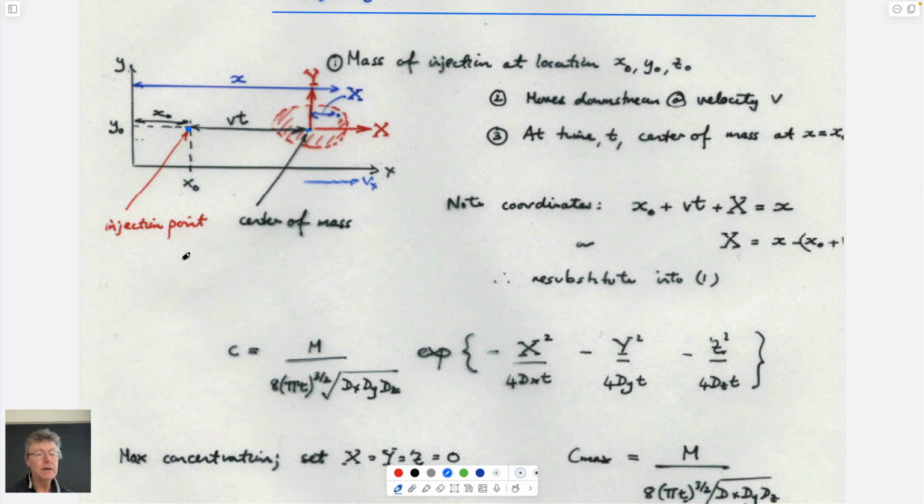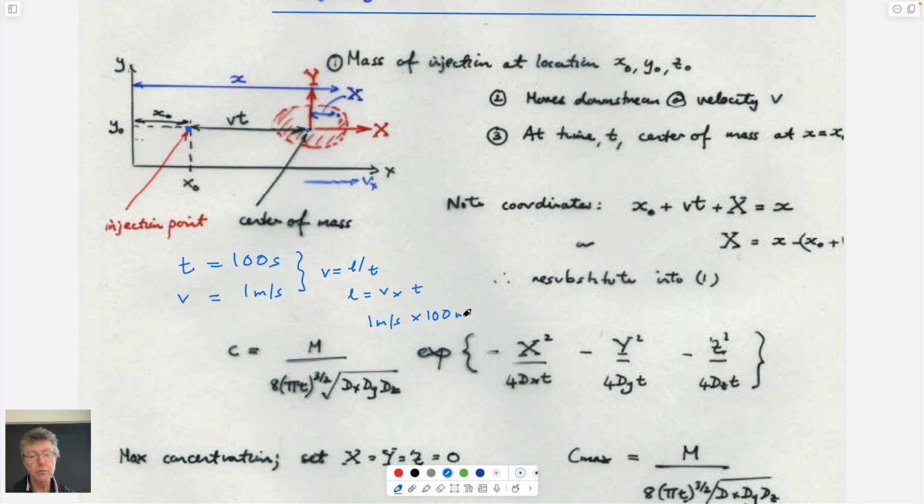If you find yourself at time t equals 10 minutes, 100 seconds, then if the velocity is equal to 1 meter a second, then from velocity is equal to length over time, length is equal to velocity times time, then it would have traveled 1 meter a second times 100.